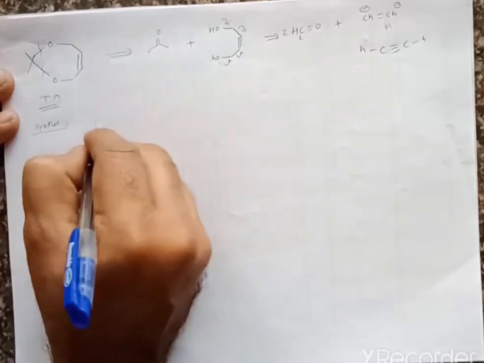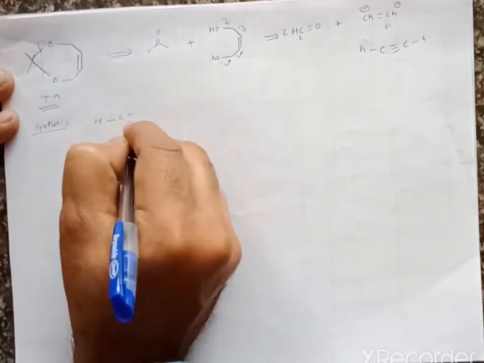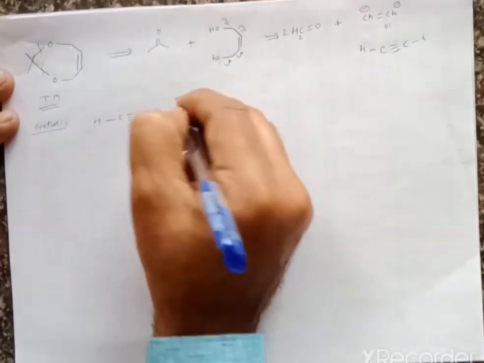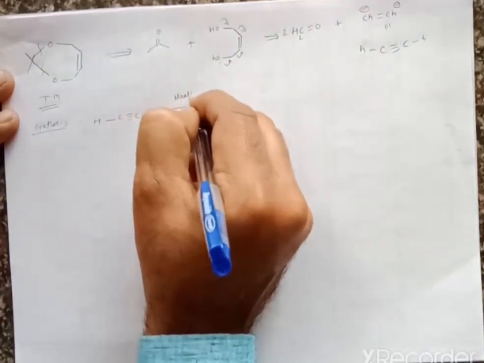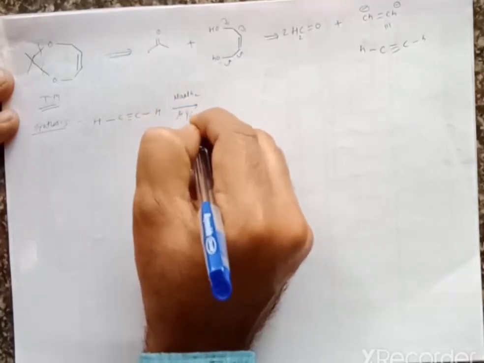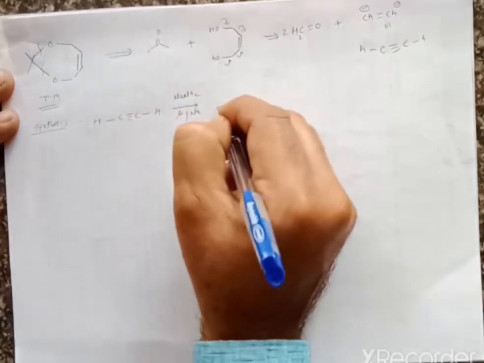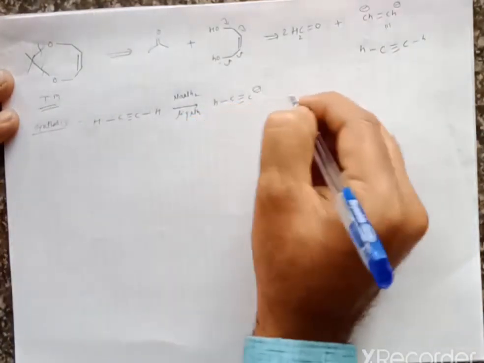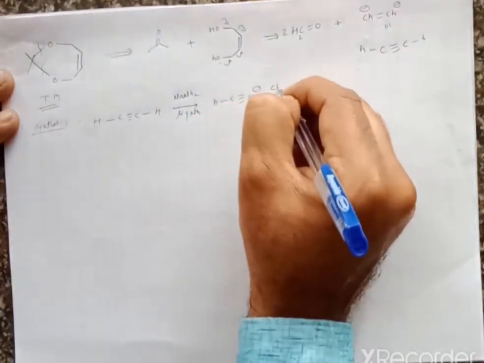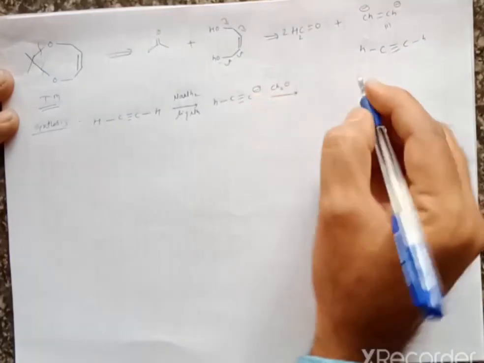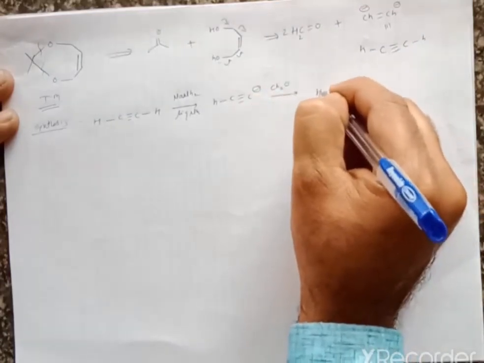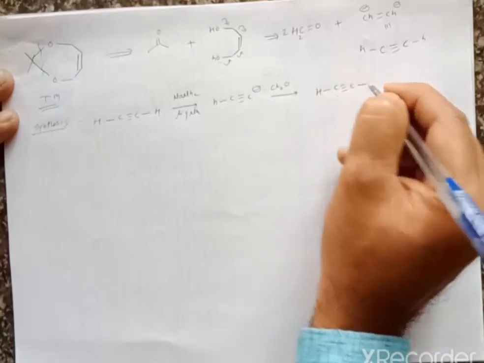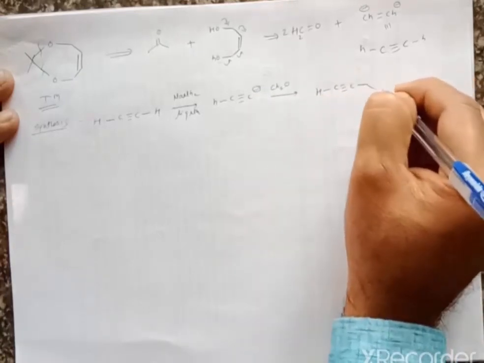Synthesis: we take this acetylene molecule, HC triple bond CH, then we take sodium NaNH2 in presence of liquid ammonia, and it gives formation of C triple bond C minus. We treat this molecule with CH2O formaldehyde, and it gives formation of HC triple bond C, then CH2OH, right?